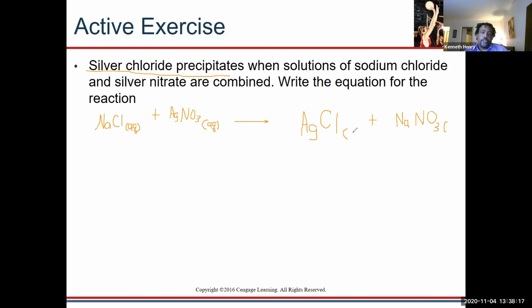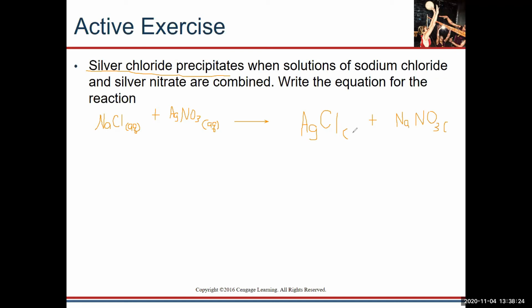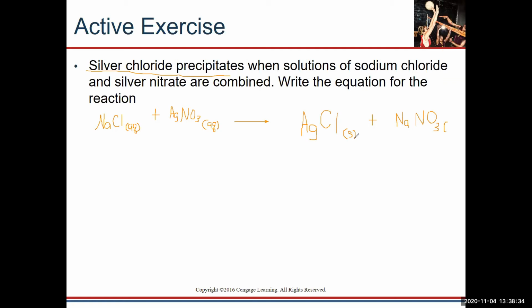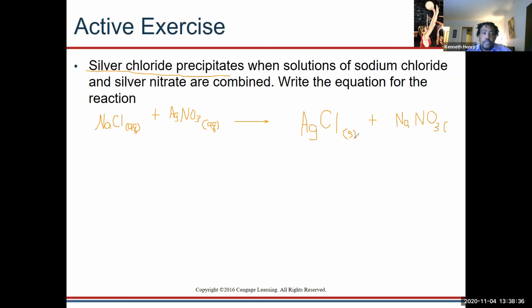It goes to the bottom of the solution. Yep. So if it precipitates out, it's going to be a solid. So anytime you see the word precipitate or precipitant, it's going to be solid. And if they don't tell you anything about the other product, you're going to assume that it's aqueous.